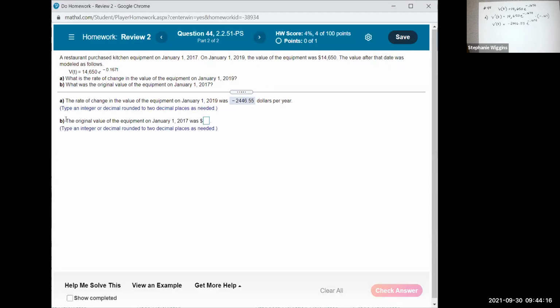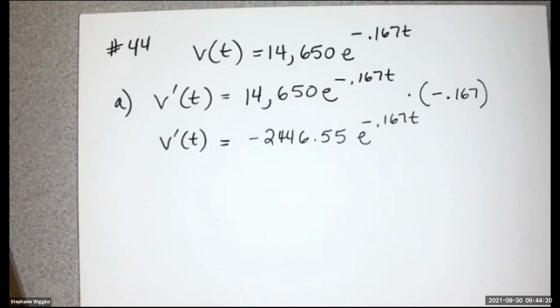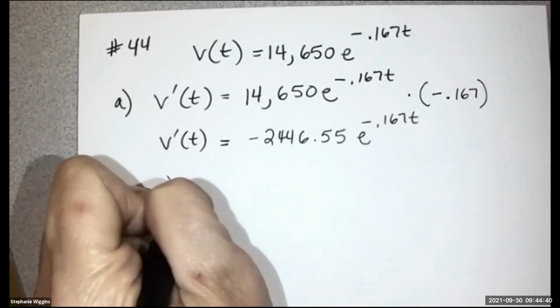And let me just explain something there so you can see where I got that. When you put t equals 0, which we're using for January 1st, 2019, you have e to the power of 0, and any number to the power of 0 is just 1. So you have this constant multiplied by 1 when I plug in 0. I'm going to write that out here.